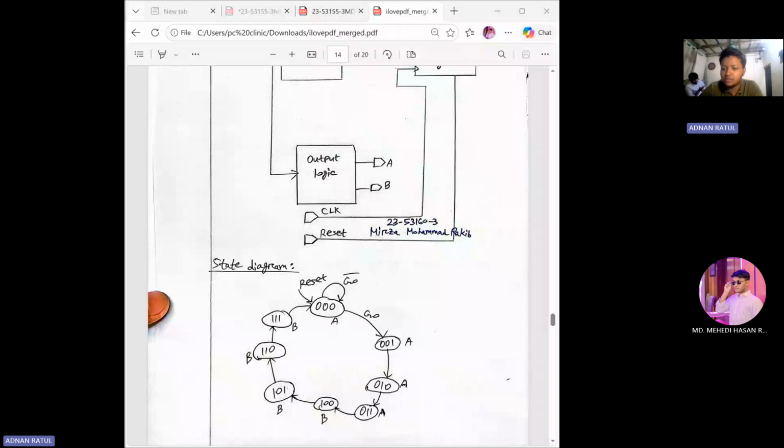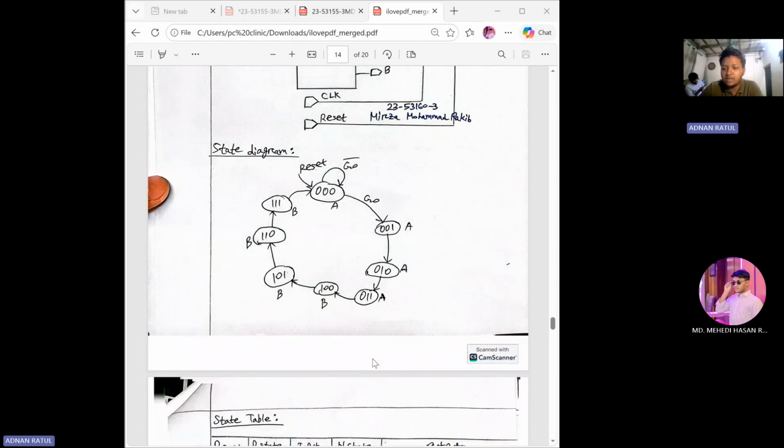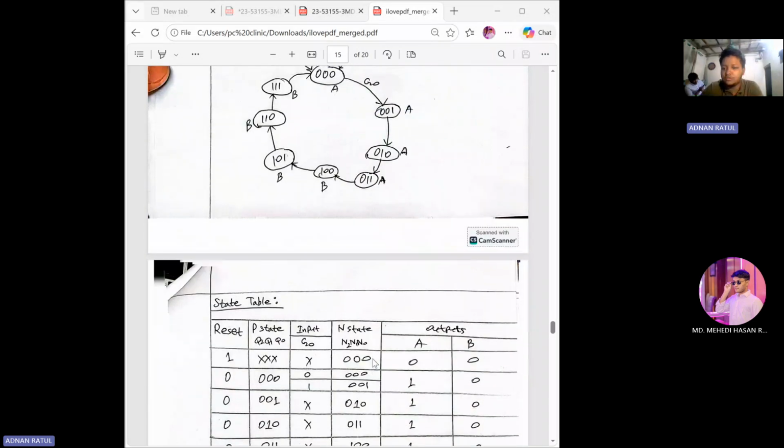When go input goes high, the FSM moves to 001, then 010, 011, all producing output A, meaning the display is on. Then it moves to 100, 101, 110, 111. It walks back to state 000 and waits for the next signal to go.